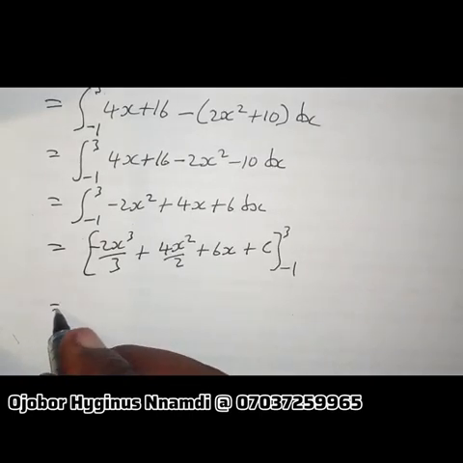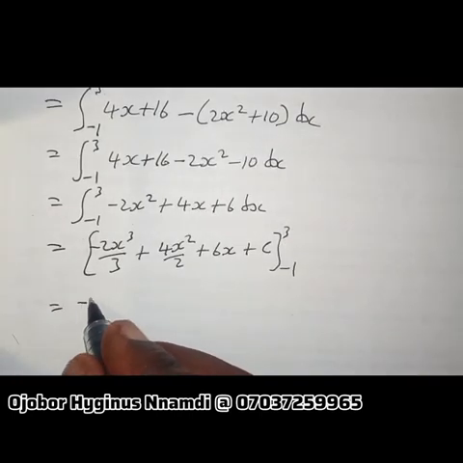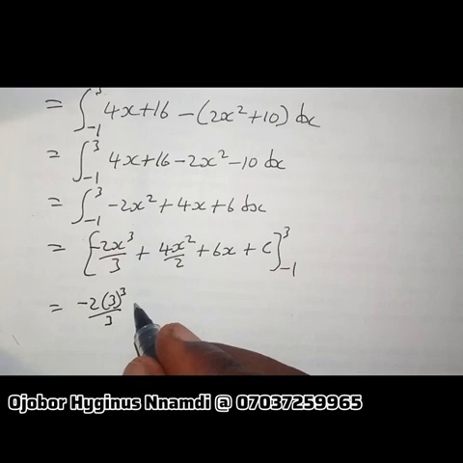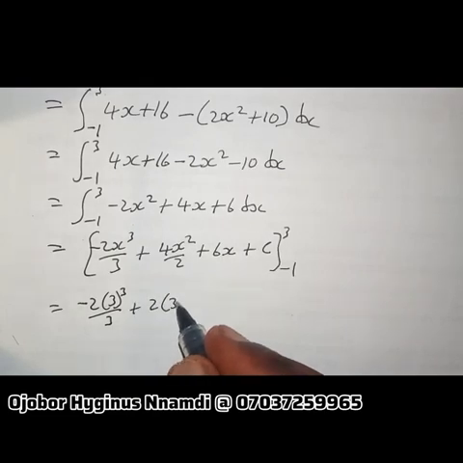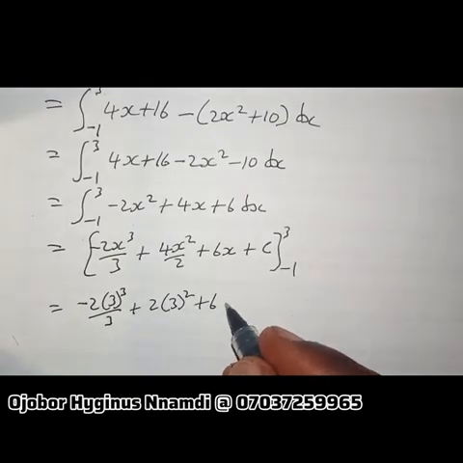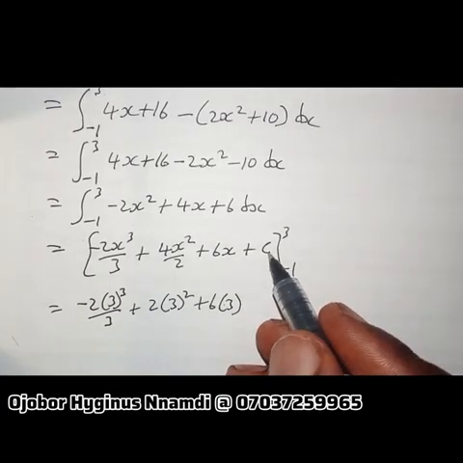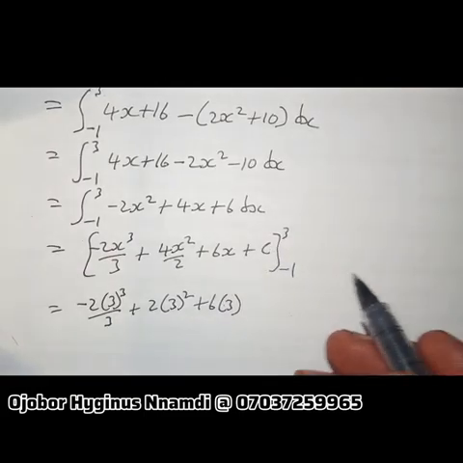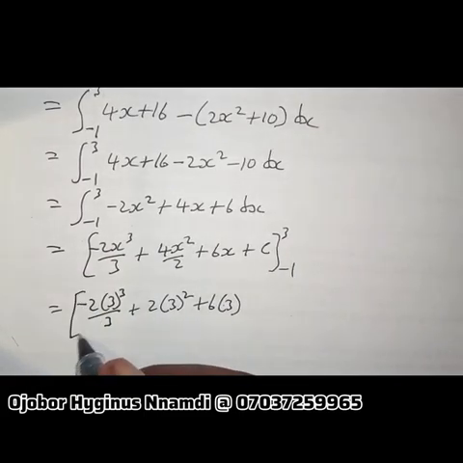So when we substitute 3, we have minus 2 into 3 raised to the power 3 over 3 plus 2 into 3 raised to the power 2 plus 6 into 3. No need of the constant because the constant in the first part minus the constant in the second part will go. So this is for 3.